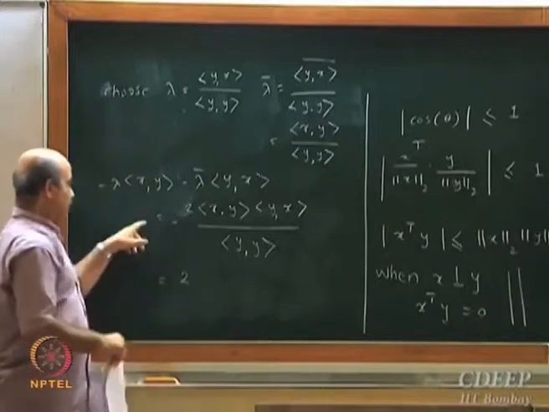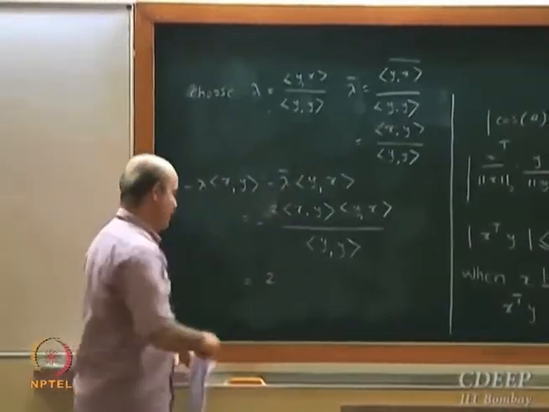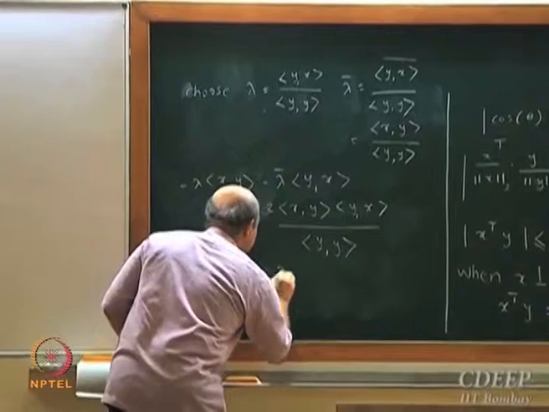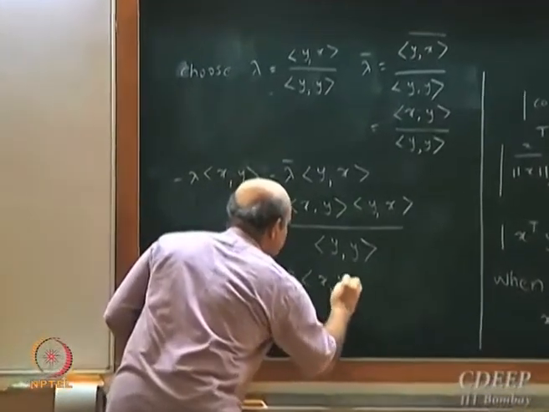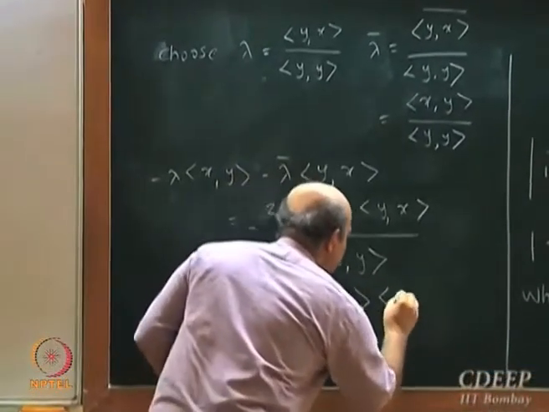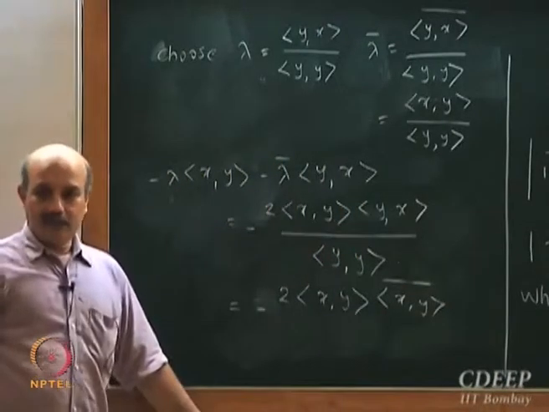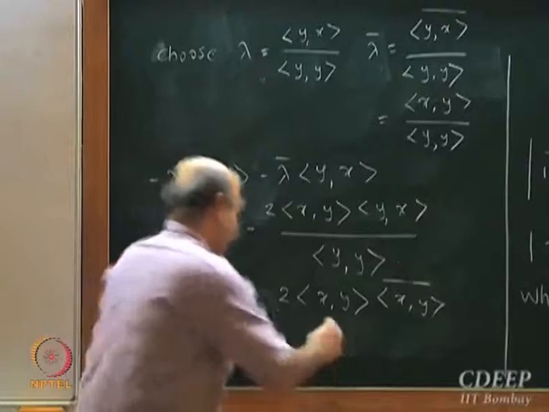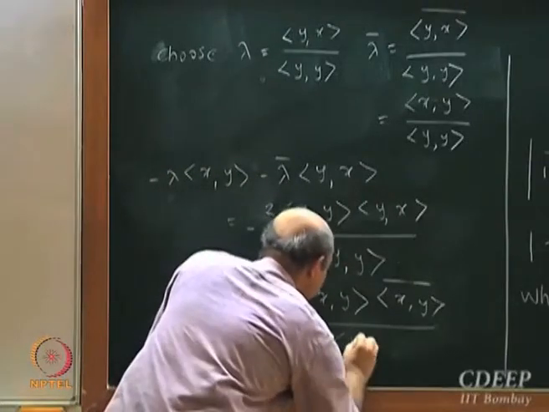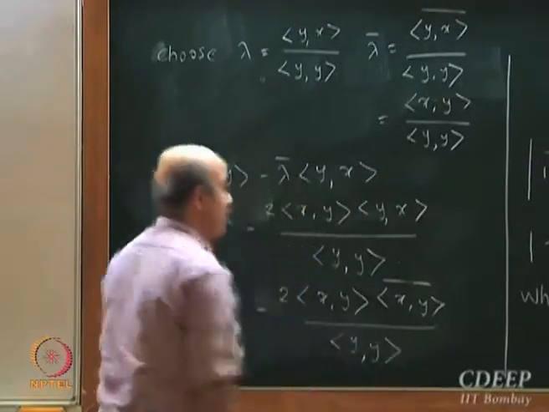Minus sign will persist. So this is equal to minus 2 times x inner product y, x inner product y bar, right? Y inner product y.